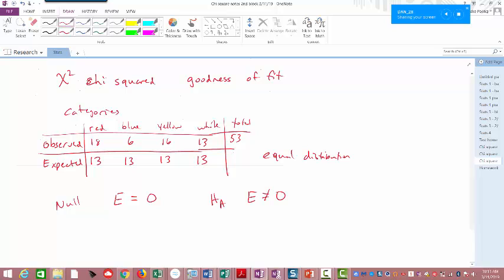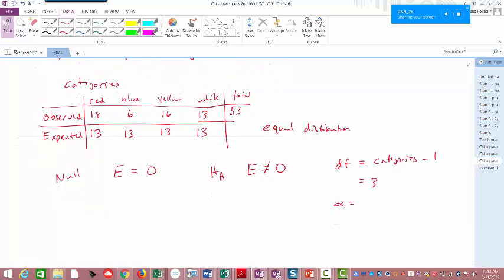Now, degrees of freedom is categories minus 1. So how many degrees of freedom do we have? 3. And we still use our same standard alpha level. What is your standard alpha level? 0.05.